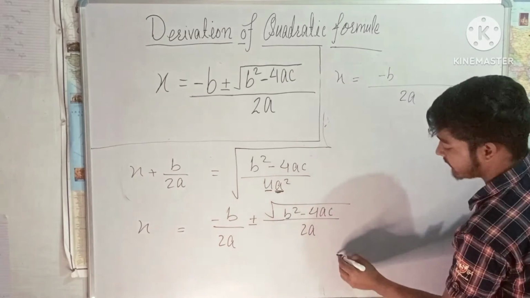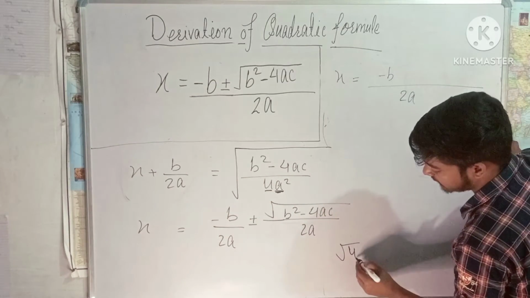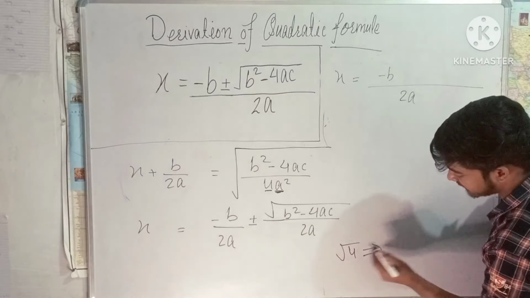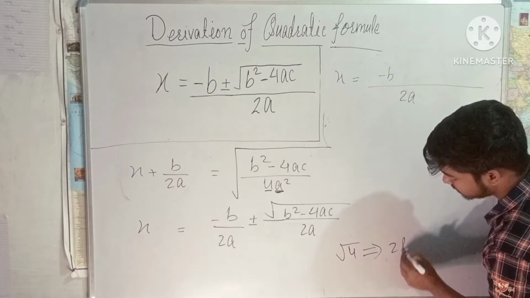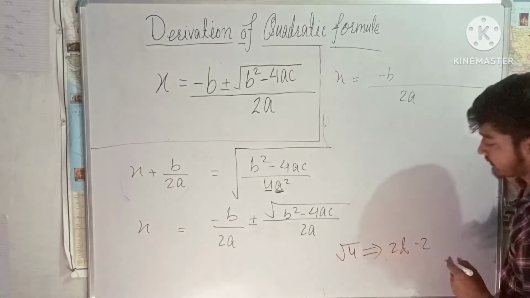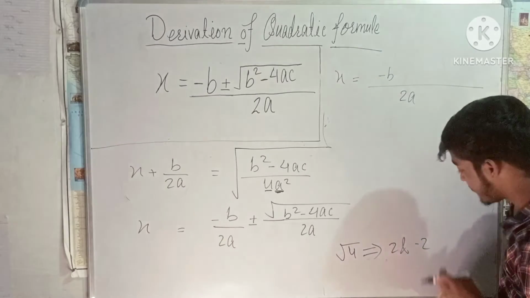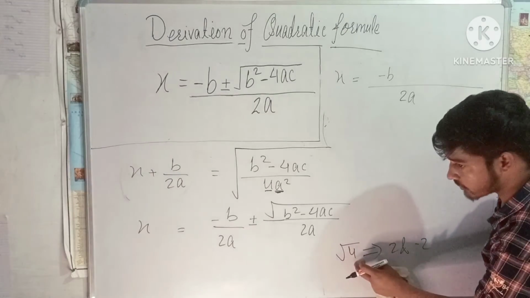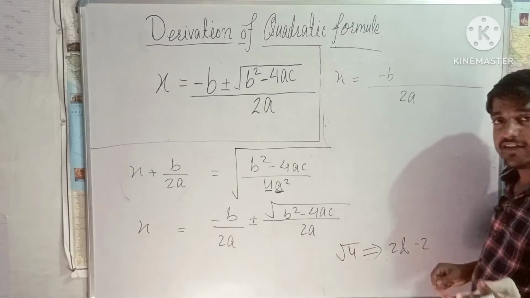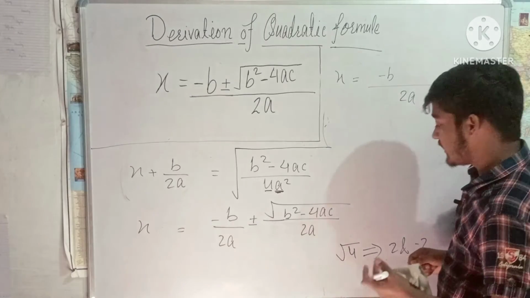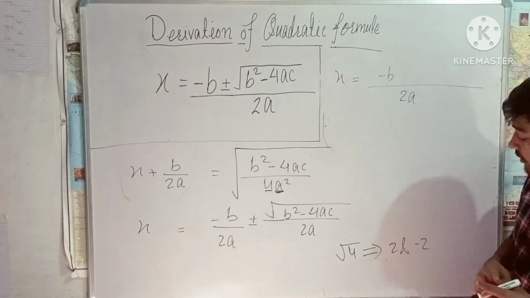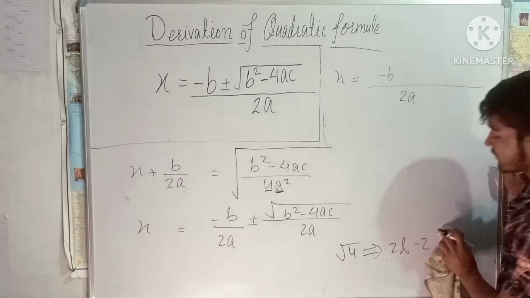Why? Because if we find the root of 4, it can be 2 or minus 2, since the square of minus 2 is 4. So when we find the square root of any number, it can be a positive or a negative number.